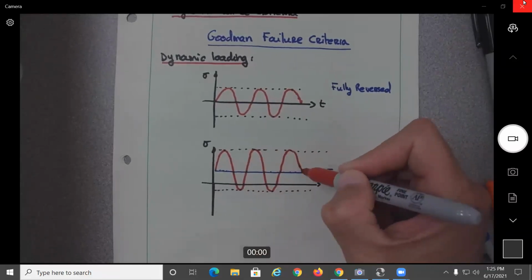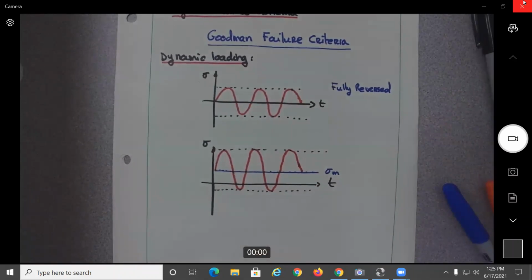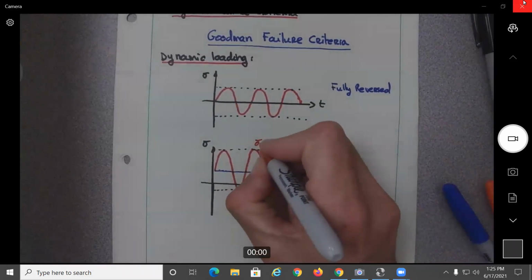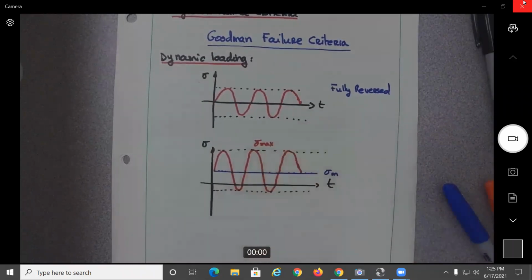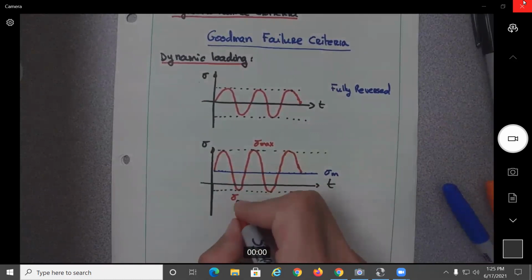Okay, so we have something like this. So over here would be the max value. This will be the minimum value.